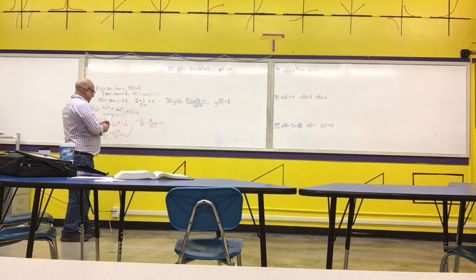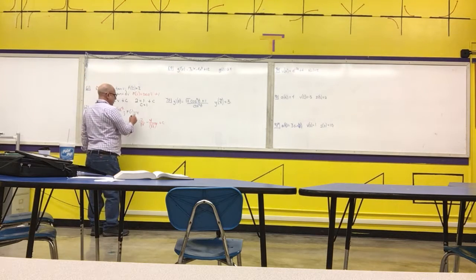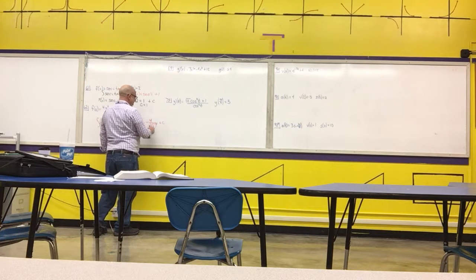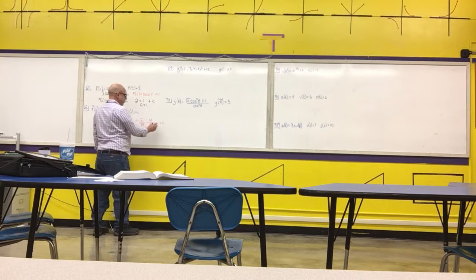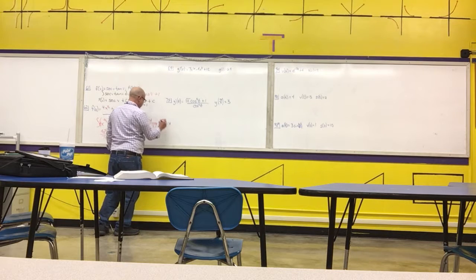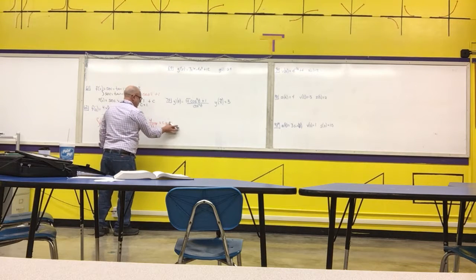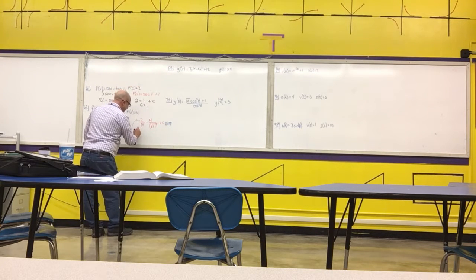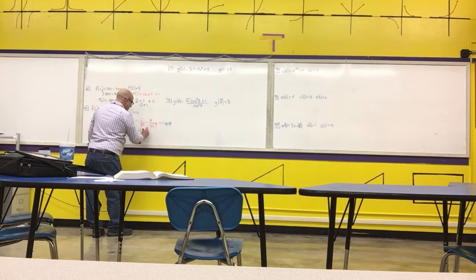And I know the condition is that if I put a 1 in for my x's, I'm going to get 4 for my answer. So let me write this down. I have negative 2 over the square root of 1 minus 4 plus C equals 4, sorry.